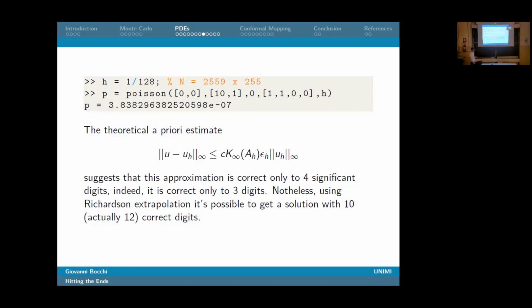Now we can use some results from a priori estimates for the numerical solution of a PDE.